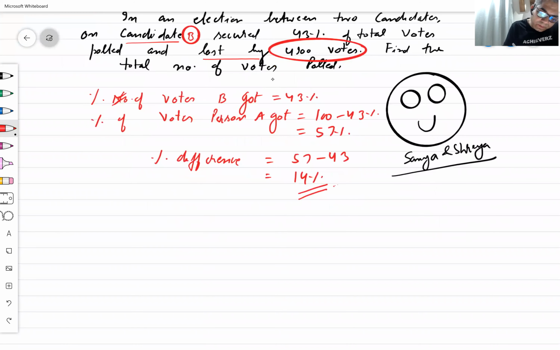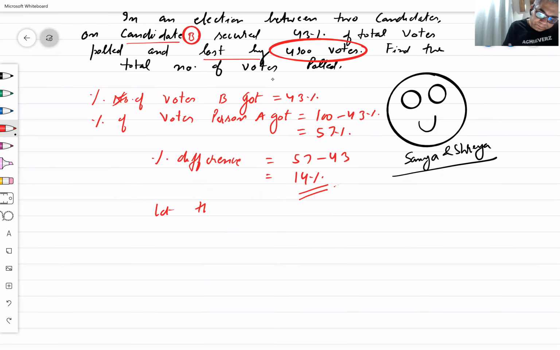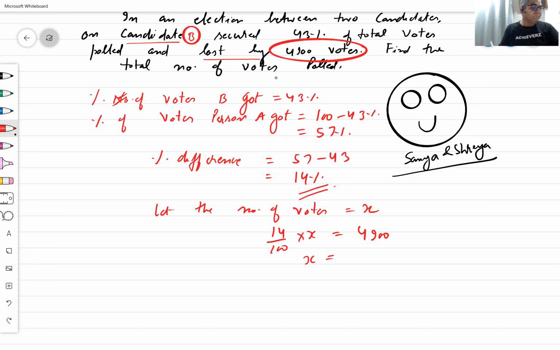Let the number of votes be X. So 14% of X is equal to 4,900. Now you can solve it and you will get the answer as 35,000. I hope this is clear. If it is not, please ask.